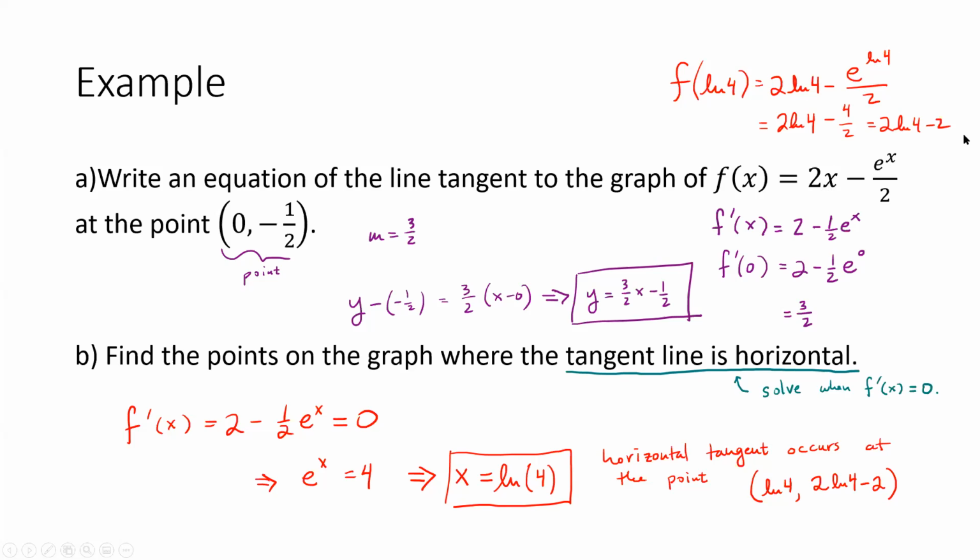Okay. So this part here simplifies to just 4. Okay, so that's how I get 2 ln of 4 minus 2, as that's the y-coordinate. So that's our f of ln of 4 here.